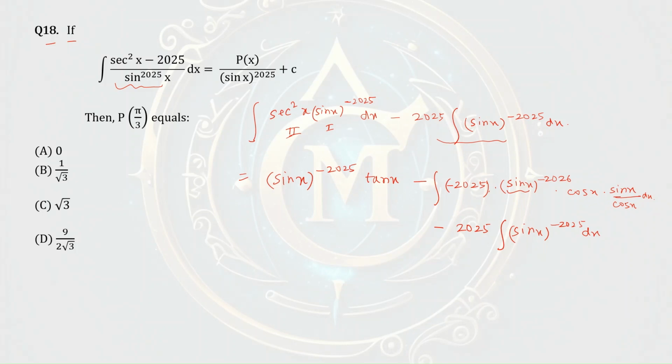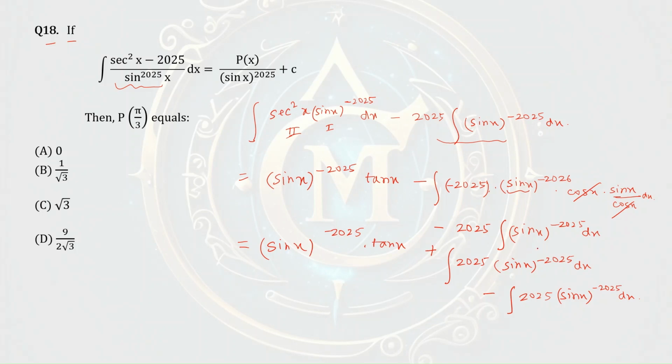Now here this cos x gets cancelled and this expression becomes (sin x)^(-2025) times tan x, minus and minus becomes plus, so plus integral 2025 (sin x)^(-2025) dx, minus integral again 2025 (sin x)^(-2025) dx.